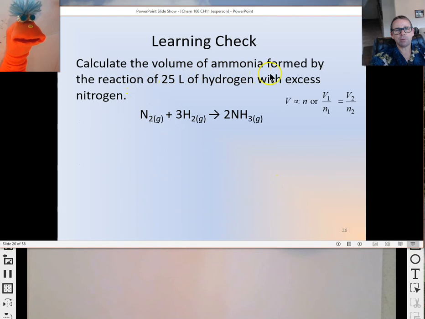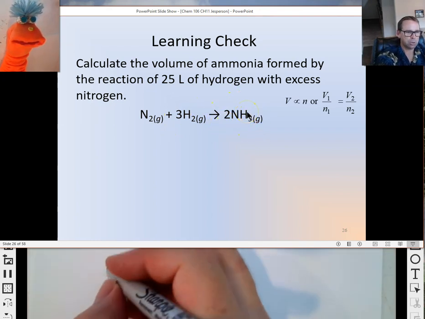Calculate the volume of ammonia formed by the reaction of 25 liters of hydrogen in excess nitrogen. Well, if I had 25 liters of hydrogen, I can see that for every 3 liters of hydrogen, I'm going to produce 2 liters of ammonia.